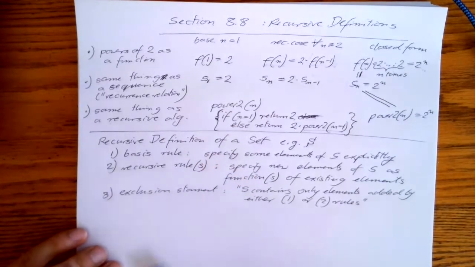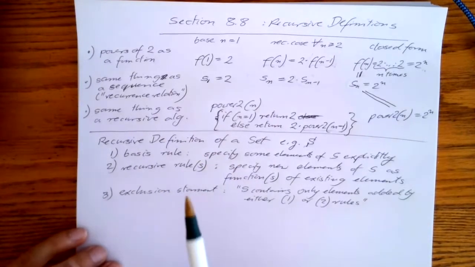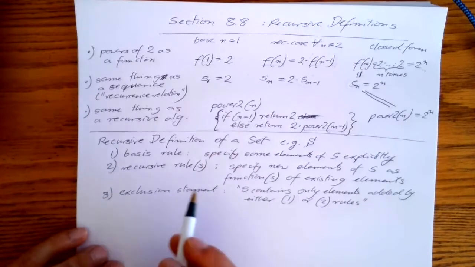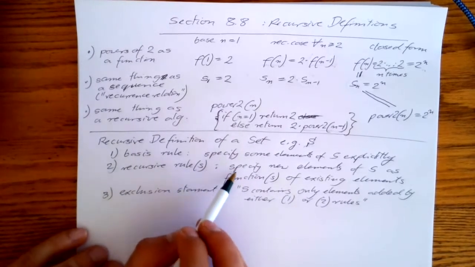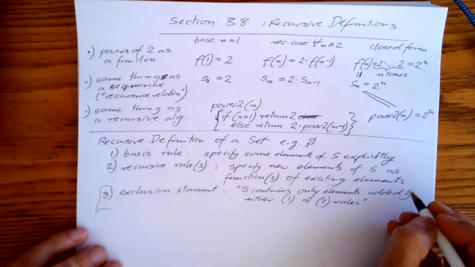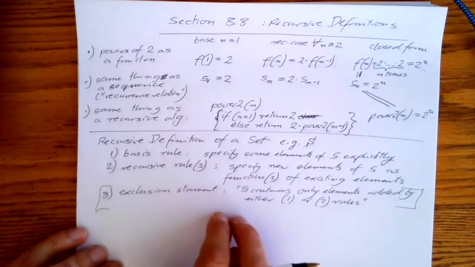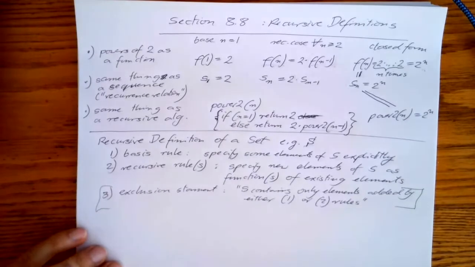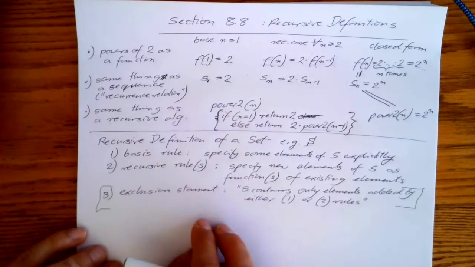But that doesn't exclude that some elements could have come to the set in some other way. So we say no. The only elements are those built in this way. You don't have to repeat this. You always think of this as implicit. We'll never ask you to repeat this, because it's always the same.